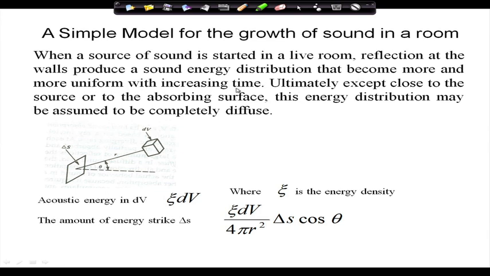So, I play a loudspeaker and wait for some time, let the sound settle down, meaning it reaches the steady state. Ultimately, except close to the source or the absorbing surface, the energy distribution may be assumed to be completely diffuse, that means the number of reflections at any point is equal.